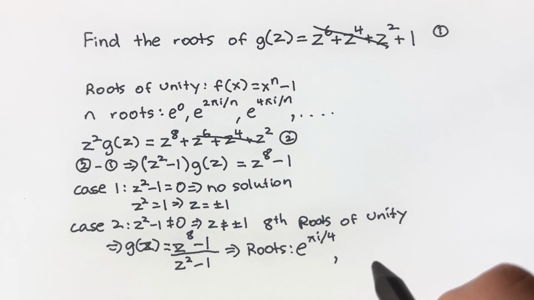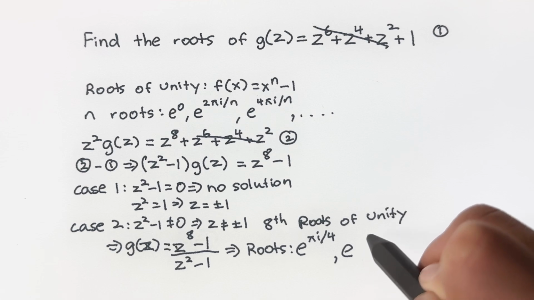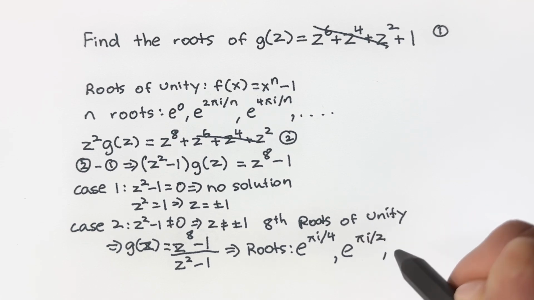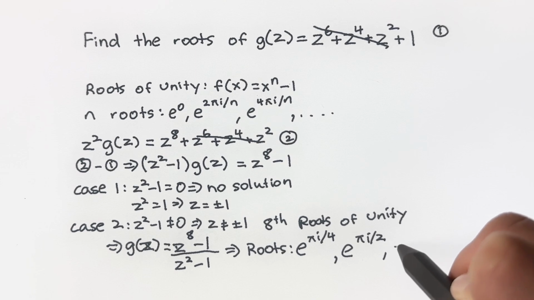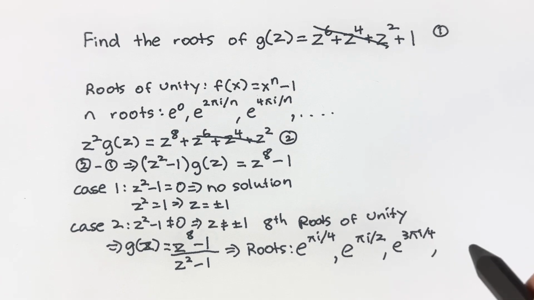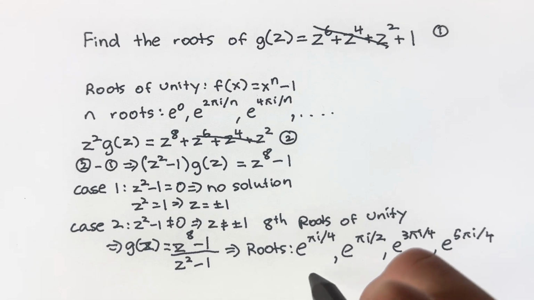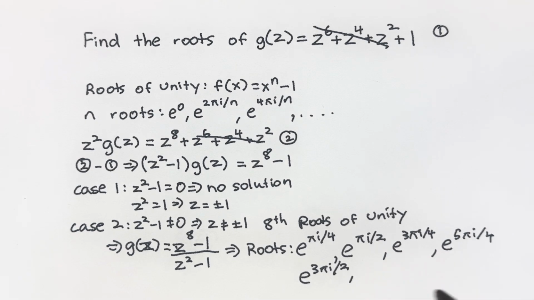And then we can just simplify to get e to the power of pi i over 4, e to the power of pi i over 2, e to the power of 3 pi i over 4, e to the power of 5 pi i over 4, e to the power of 3 pi i over 2, and e to the power of 7 pi i over 4.